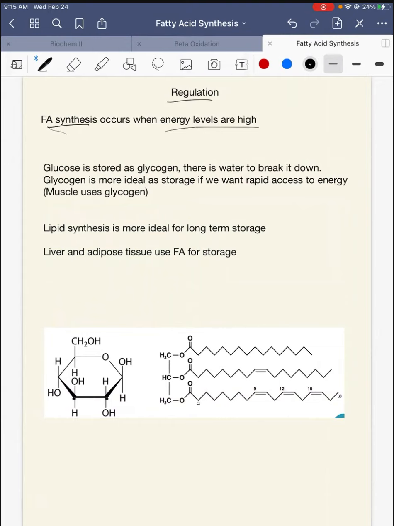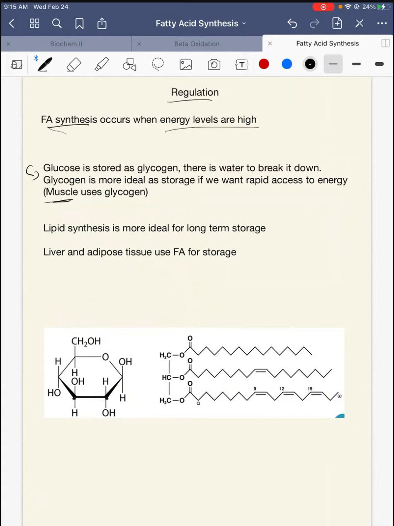So we mentioned in glycogen metabolism that glucose is stored as glycogen when the cell needs a rapid source of energy in the future. An example of that would be the muscles, because when they're contracting, they need to break down their storage source as quickly as possible.